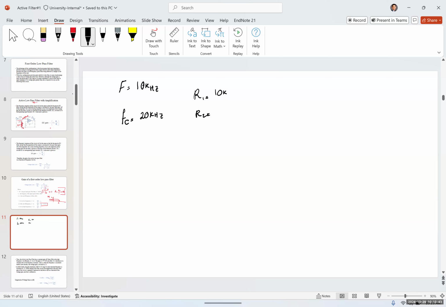R2 is equal to 20K. Vin is equal to 2 millivolts. What is V out? Again, the gain is going to be equal to AF over the square root of 1 plus F over FC to the power of 2.